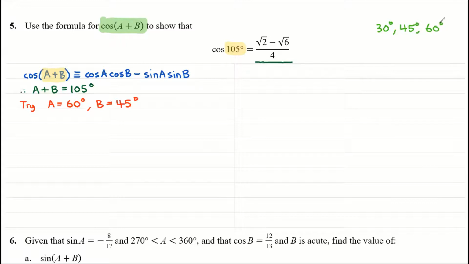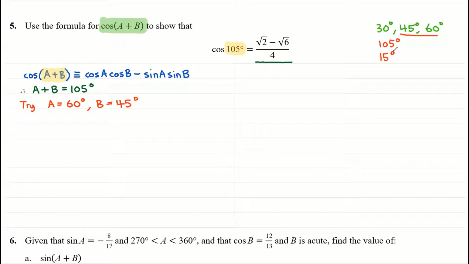So you'll be looking for angles such as 105, which you've just seen is the sum of these two. But you could also look at the difference. So something like 15 degrees, we could also work with that. So there's a few alternatives, but just be cognizant of 30, 45, and 60, because those are the standard sines and cosines, and combinations of those now, because we can use these identities.